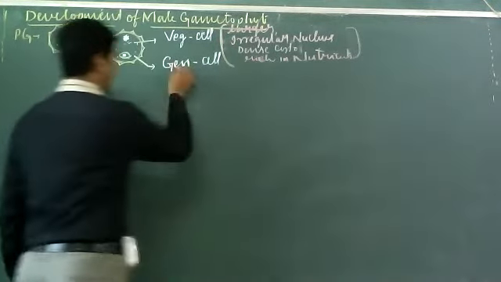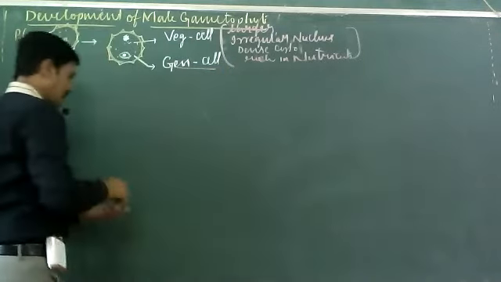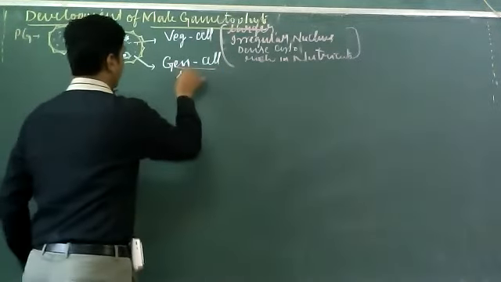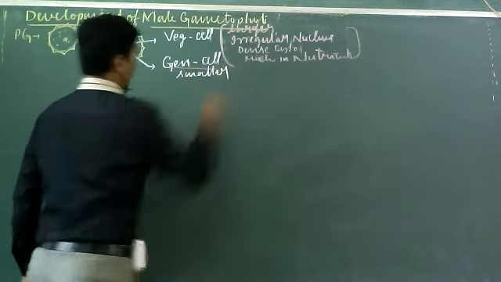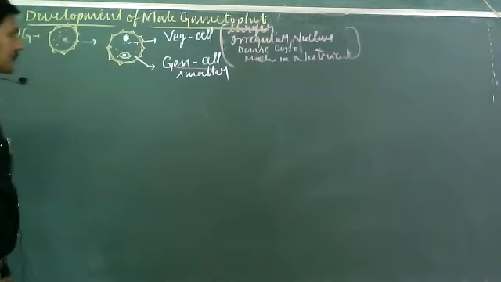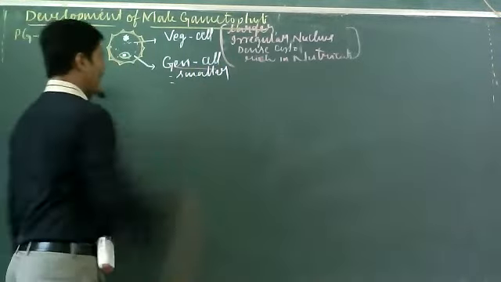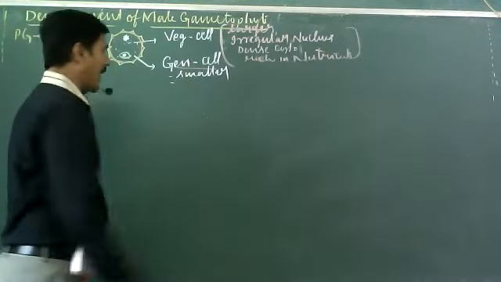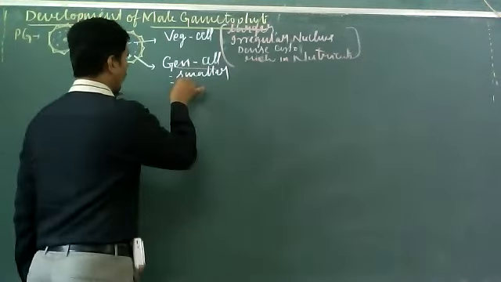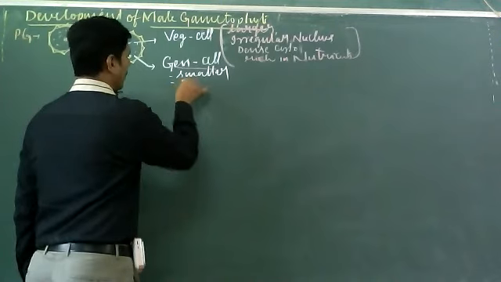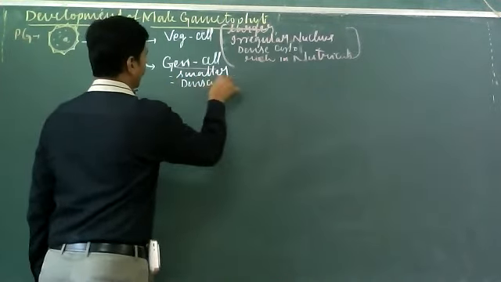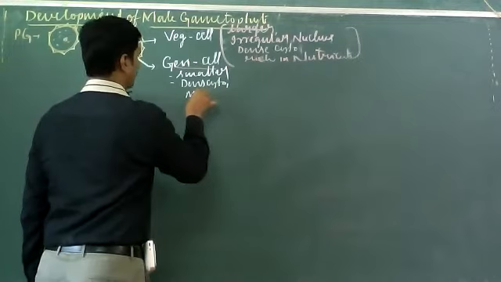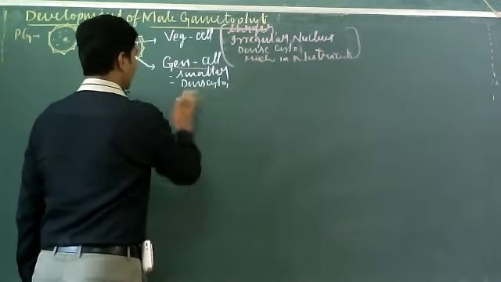What about the generative cell, which is smaller? It is spindle-shaped, with dense cytoplasm, and is rich in nutrients.